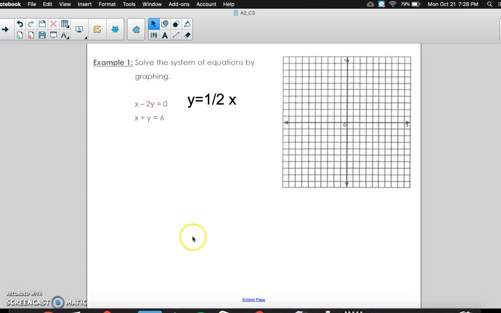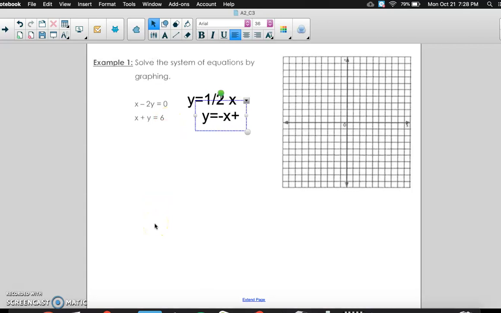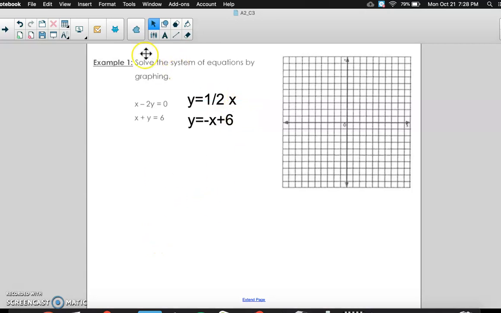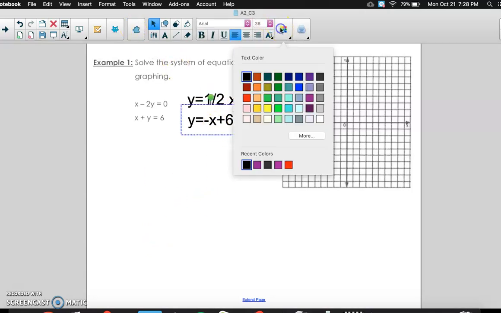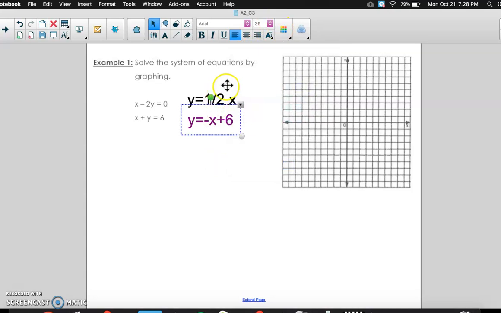The second one here, I do the same thing. I move my x over, and I get y equals negative x plus 6. Once I've got both of those, I can graph them. Let's put this one in a different color so we can keep our lines separate.